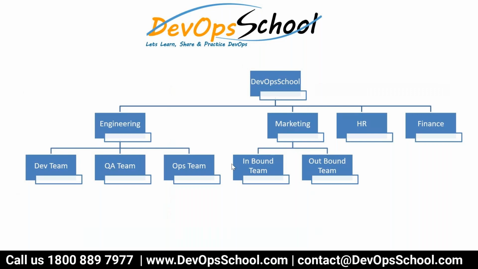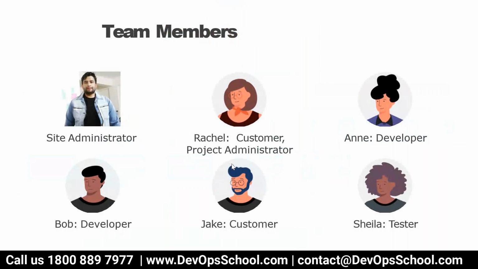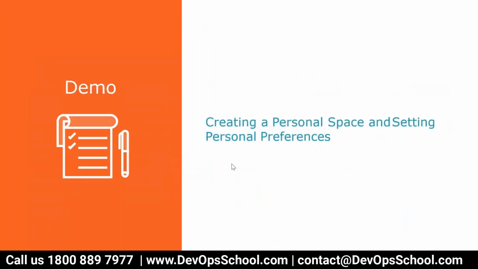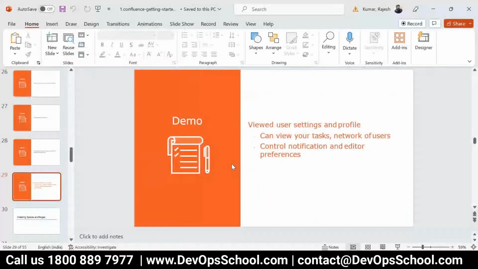If you look at this, engineering, marketing, HR and finance are categories. And inside each category you have multiple spaces, one for the dev team, one for the QA team, the ops team, and so on. These are the different team members you may have working on the projects. So that is something which you have in Confluence.